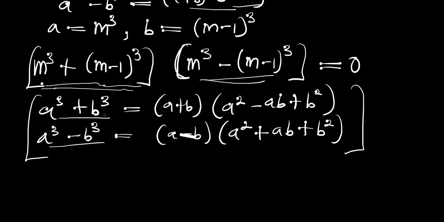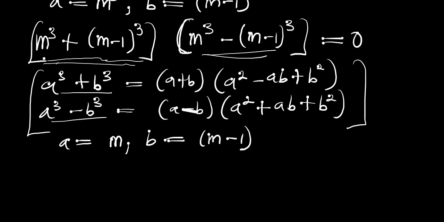Now let's start with the first one here, a plus b, meaning that from here our a equals m, and b equals m minus 1. So let's take note of that.